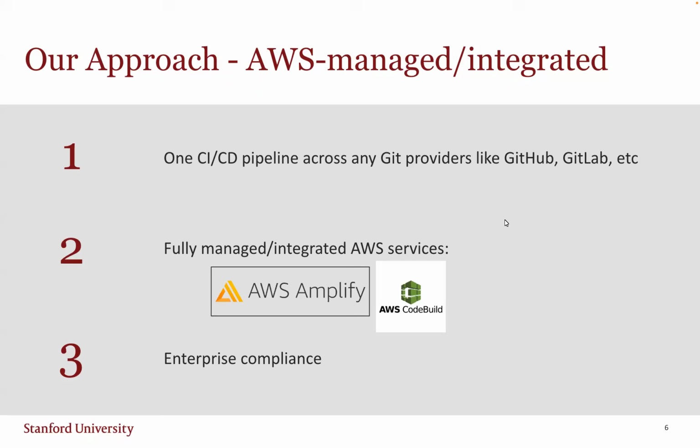And also, since we are a data engineering team, we wanted to have services out of the box. So fully managed integrated AWS services like AWS Amplify and AWS CodeBuild are the services that we chose. And also enterprise compliant. All of these services provided by AWS are enterprise compliant, so that's why it is acceptable within the Stanford environment.